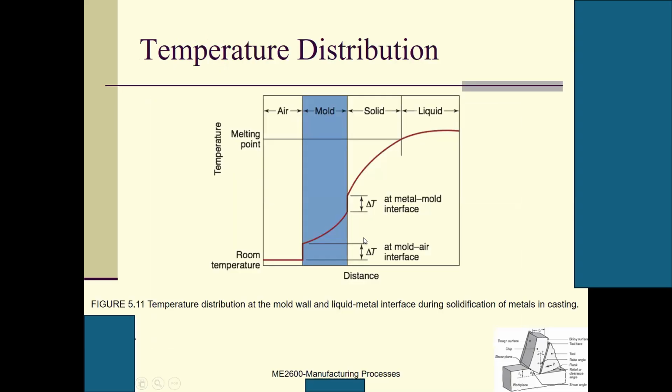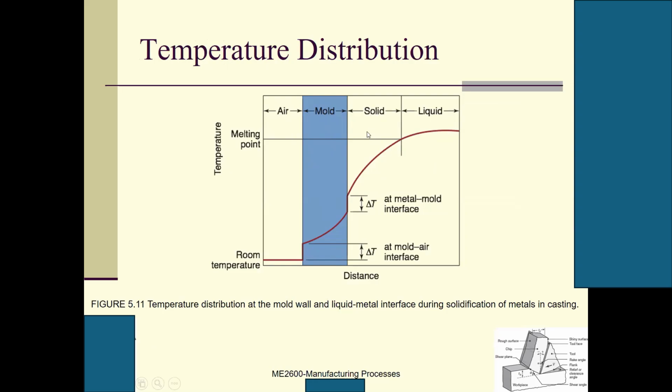And then we talk about temperature distribution within a mold. This is the surrounding air, and this is a mold, right? Within this mold we have the molten fluid, which has two parts: one is liquid, one is solid.